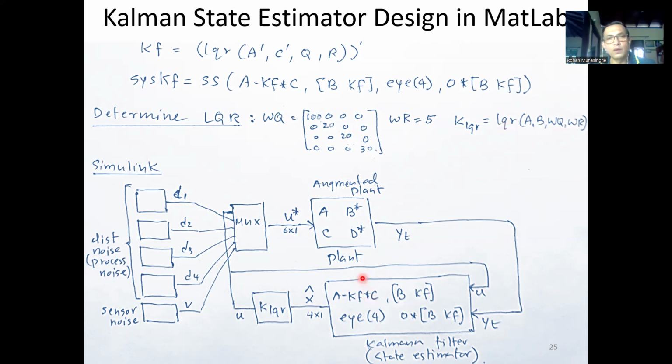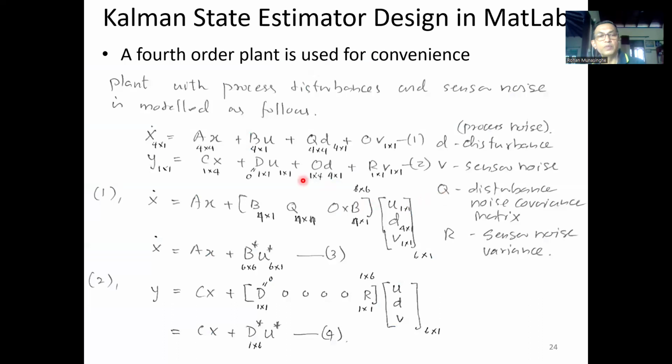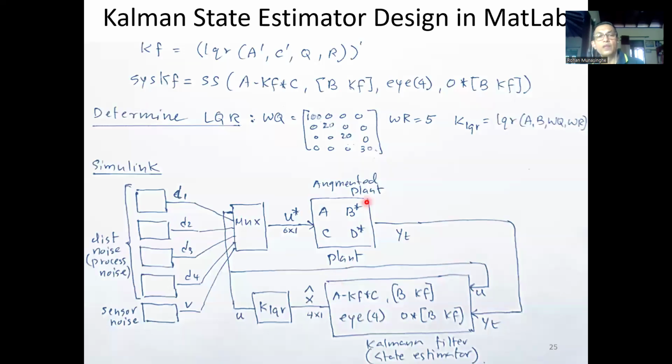Now, what you do next is to prepare a Simulink model like this. What is that? So this is your augmented plant, A, B star, C, and D star. So A, B, C, D are already given in the previous case, right? A, B, B star, D star, C, everything is already known, right? You generate this block in the Simulink and you generate this block, right?